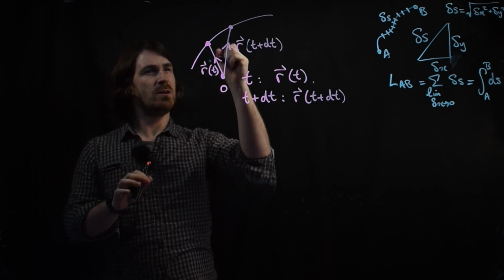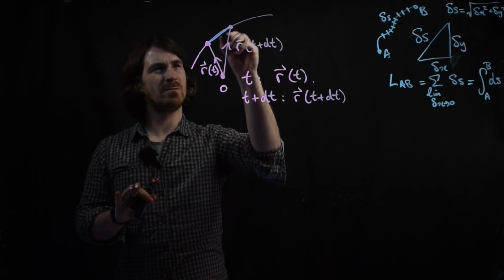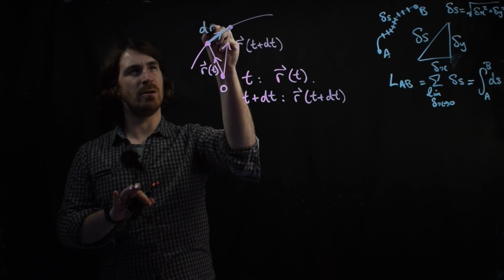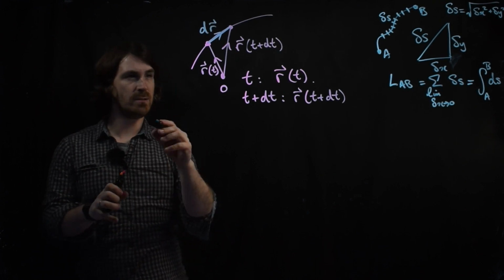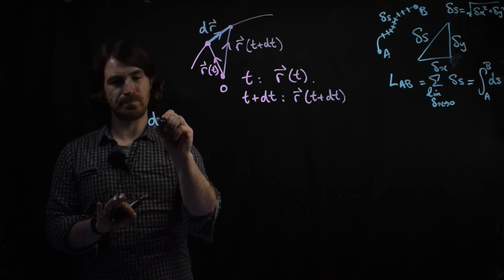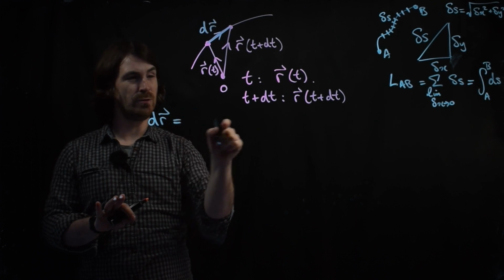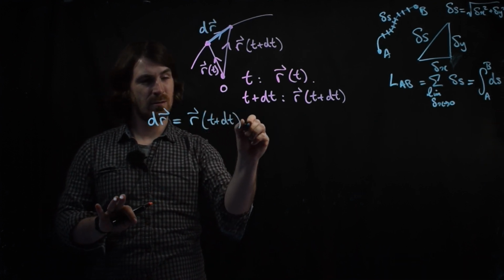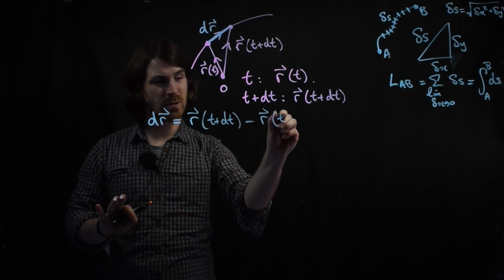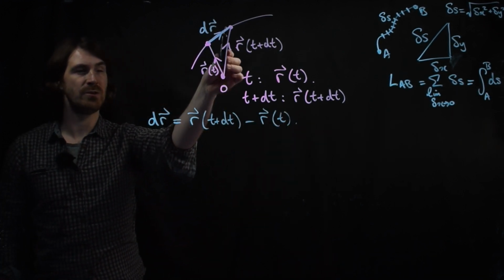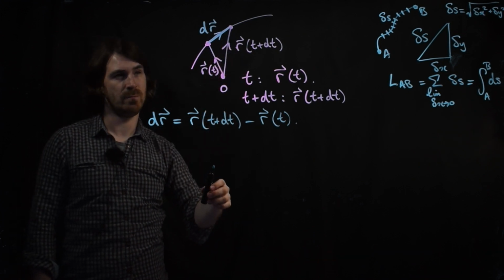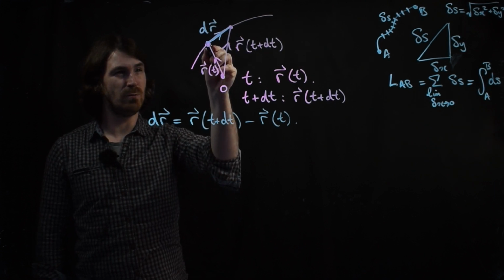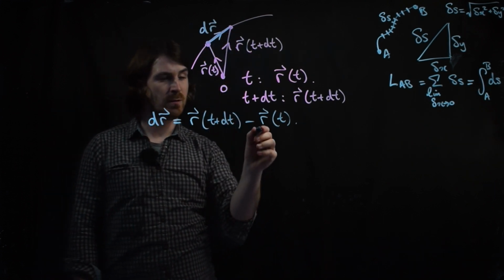The change is just this vector here, and we call that dr. So dr is equal to r of t plus dt minus r of t. All we've done is draw two vectors and subtract them. To get from this point to this point, we go minus this plus this, and that's what we've done.